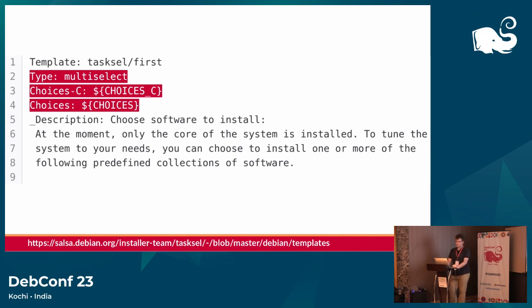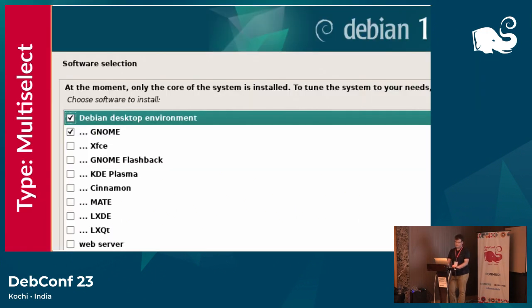While programming what the Debian installer step should do, you can substitute these fields on the fly to generate a menu like this. And when you check some of those and confirm the answer, the output becomes a comma-separated value of those answers, and then you can process them to figure out which ones were selected.